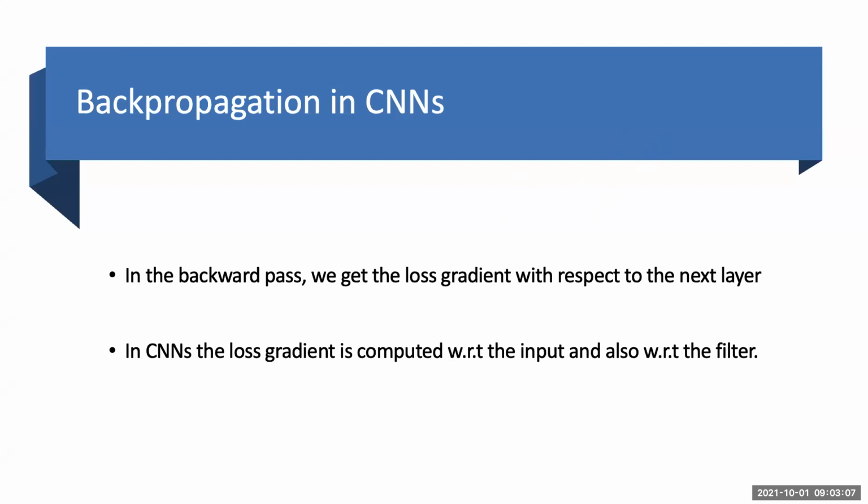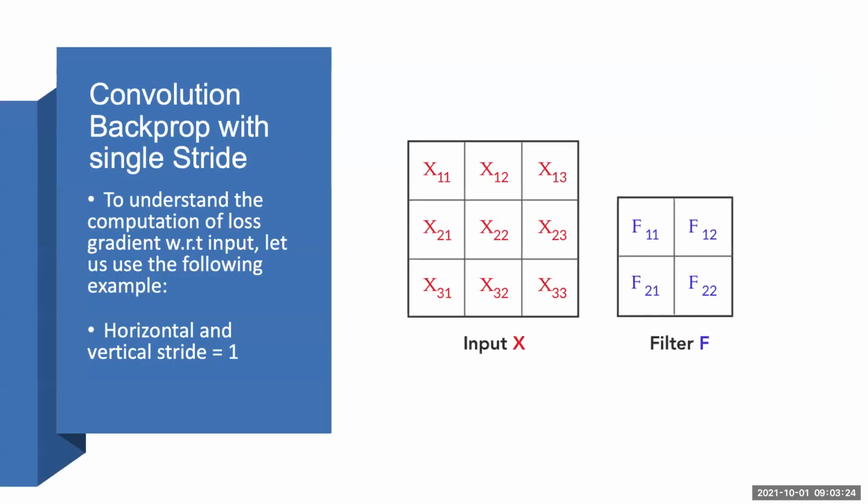Kernel and filter are used interchangeably. So you have your kernel or your filter, both of which are passed into your network, and then it goes through the layers till you get to the output. So you have to get your loss gradient with respect to the input and also with respect to the filter.